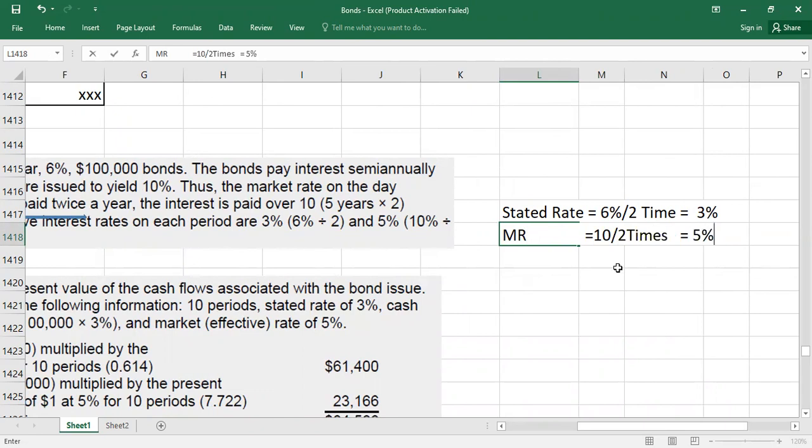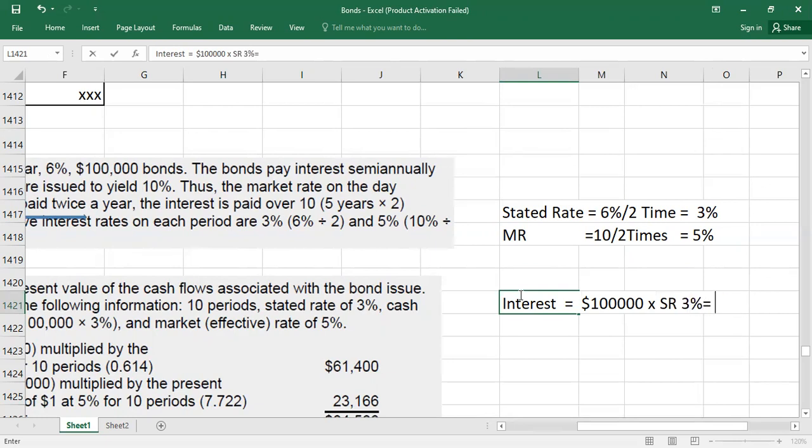And don't forget, when you want to calculate the amount of interest, I need the face value, which is $100,000, and I will multiply it with the stated rate. Don't forget, the adjusted stated rate is 3%.